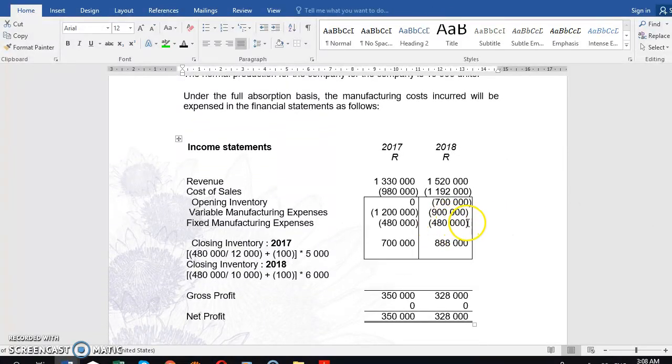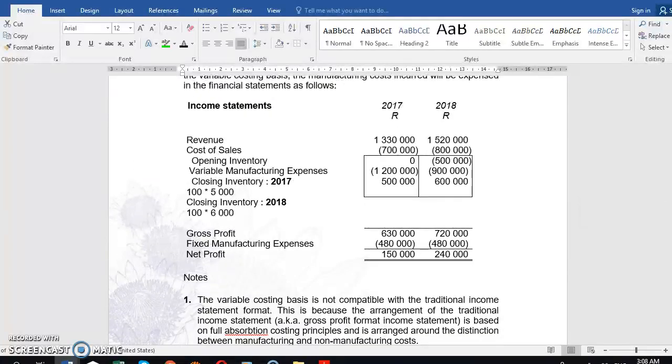Again, fixed cost has, I keep jumping the gun, sorry. There's no fixed cost, because under variable costing there is no fixed cost in this block. So your closing inventory would just be your closing stock at 100 Rand per unit.